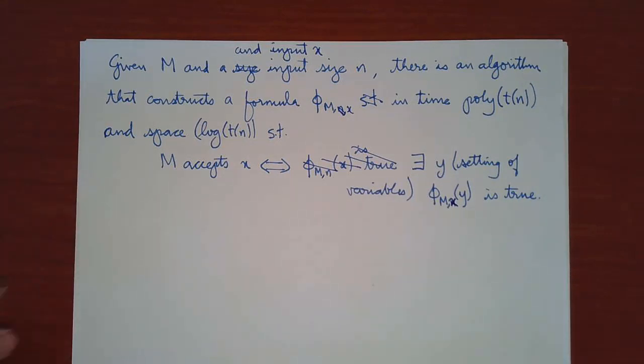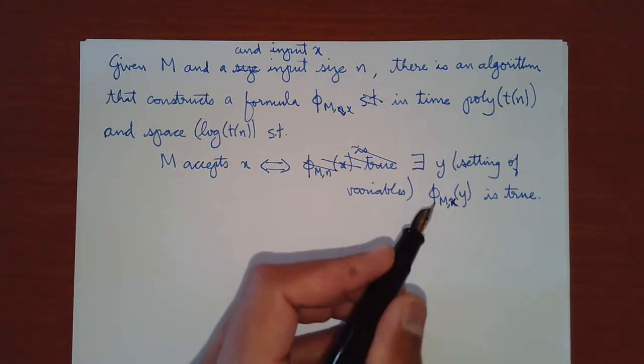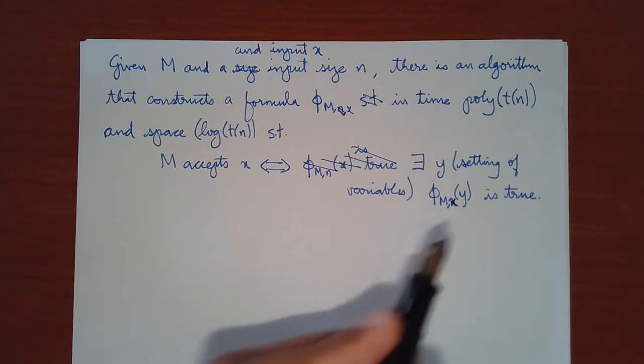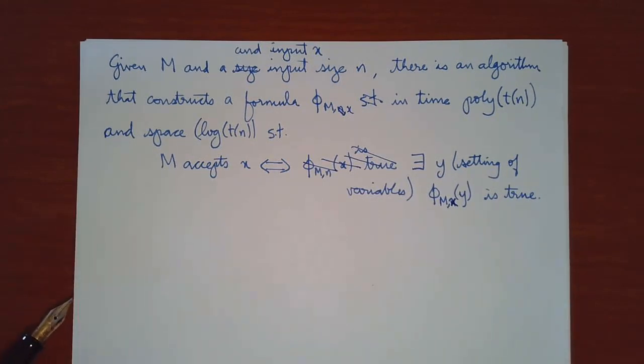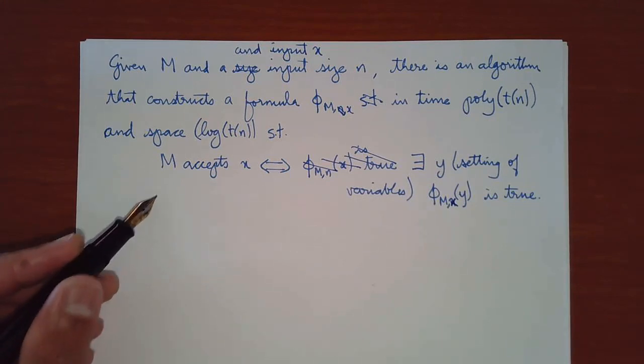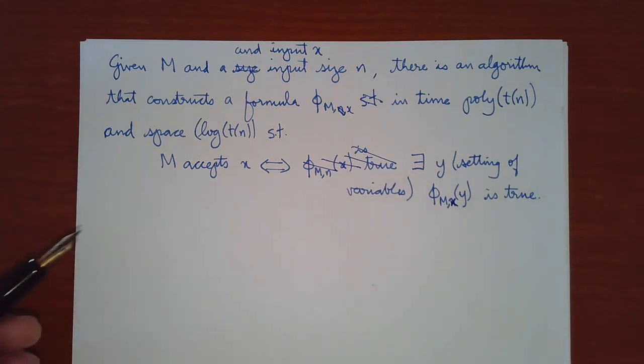So hopefully this is fine, right? The formula depends on m and it depends on x, and if there's some setting which is true, then m is going to accept x. Indeed, this works even when m is non-deterministic. Does that work? Does this make sense?